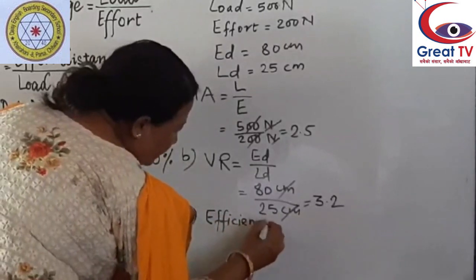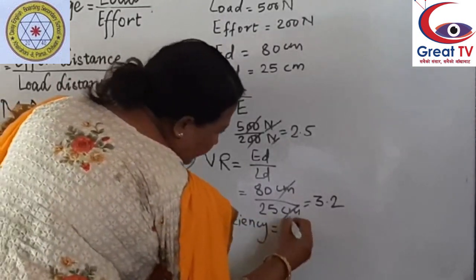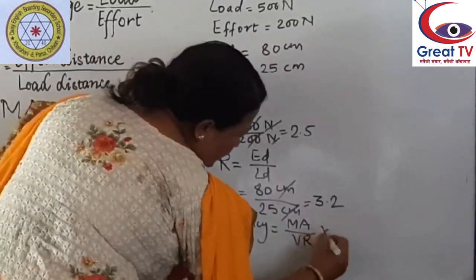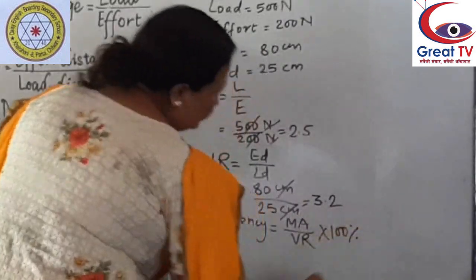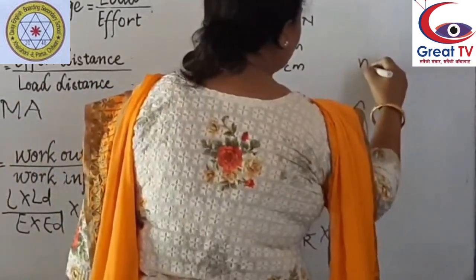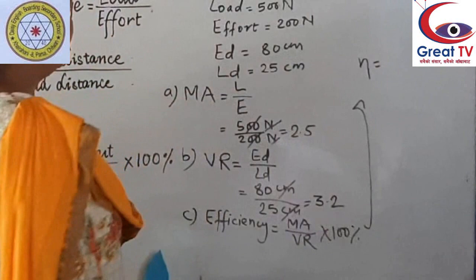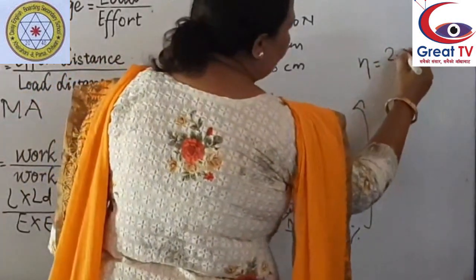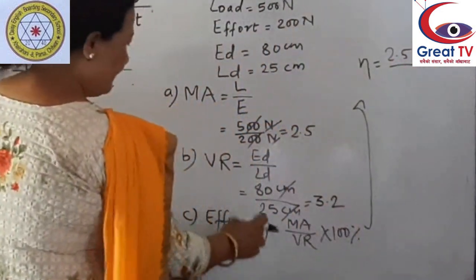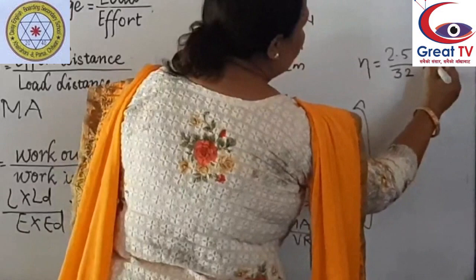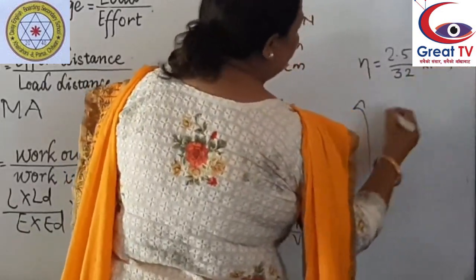The efficiency formula is mechanical advantage by velocity ratio into 100%. So efficiency is equal to mechanical advantage 2.5 divided by 3.2 into 100%.